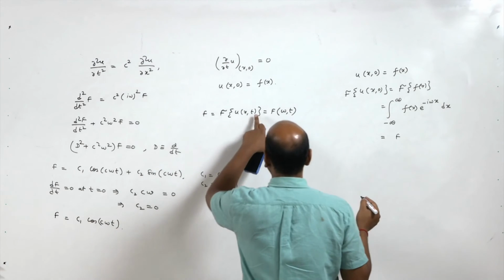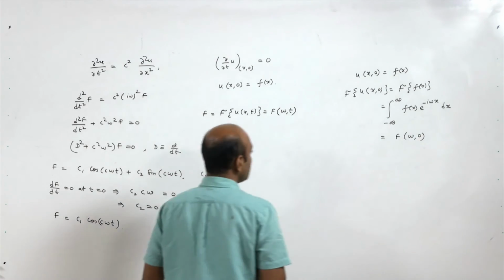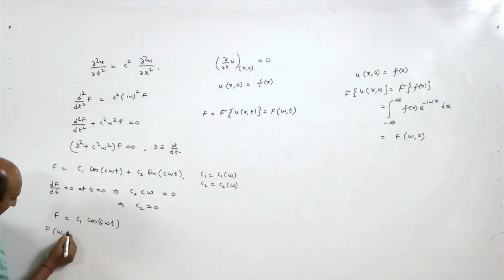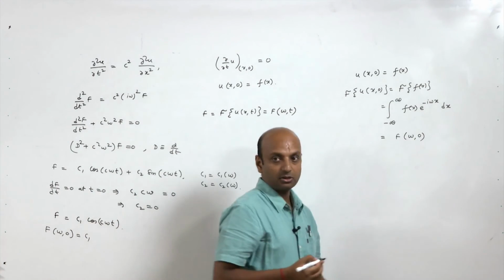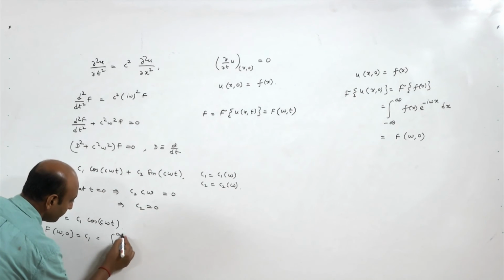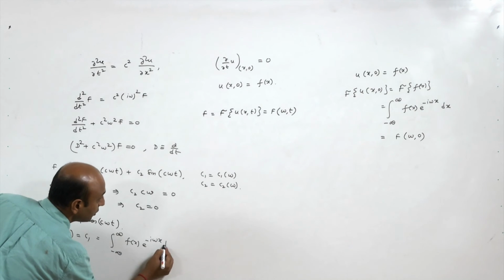Because you are putting t equal to 0, that will be F(ω, 0), which is C1. So C1 is nothing but the integral from minus infinity to plus infinity of f(x) e^(-iωx) dx.